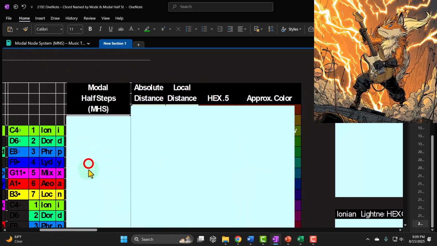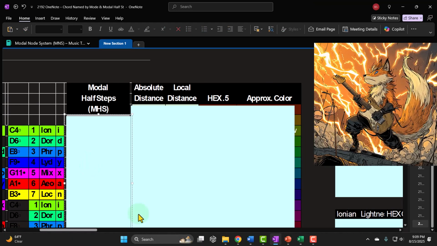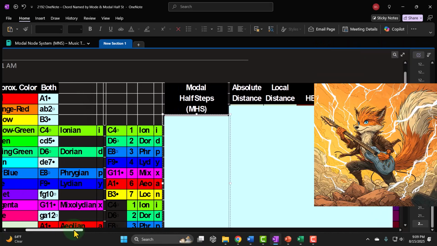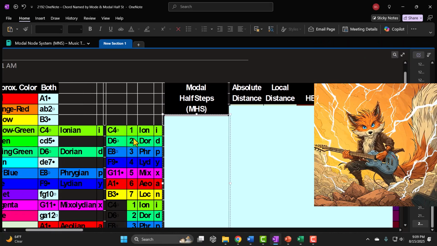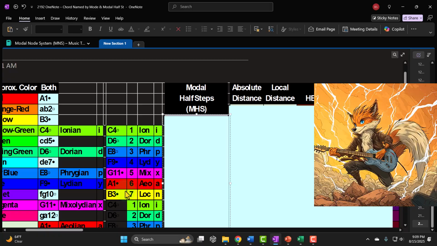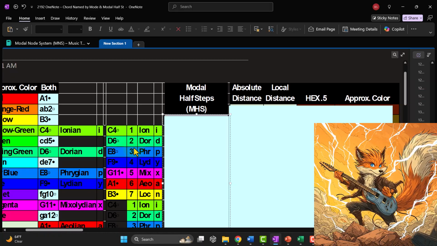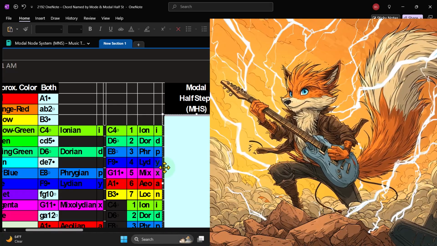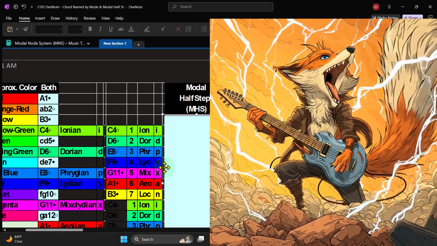All right. So then we also have half steps that we have to deal with. So the other way we can measure things is by modal half steps. So remember, if I have a collection of 7 notes, I could say, what's the distance from any modal point? And I would call that a modal half step. So you have half and whole steps through the modes.